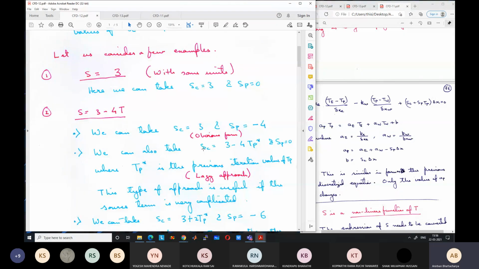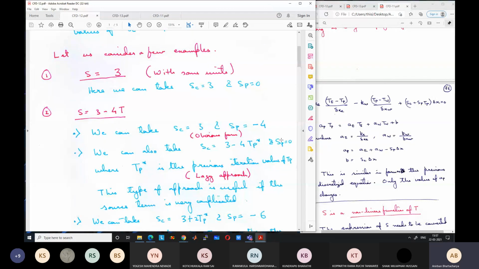When that happens, we say that we have achieved convergence, or the change is very small, 10 to the power -4 or -5, something like that. We stop the iteration and go to the next time step. So this is one option: SC is equal to 3 minus 4 Tp star and SP equal to 0.